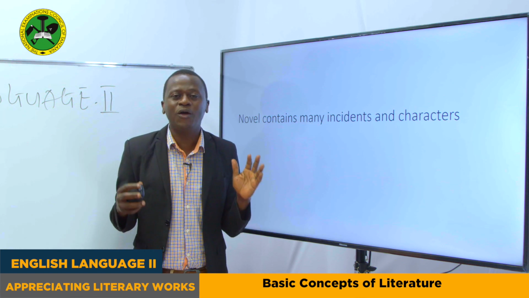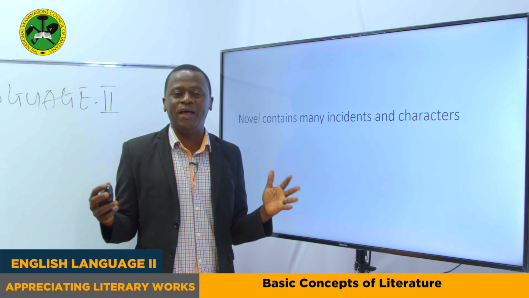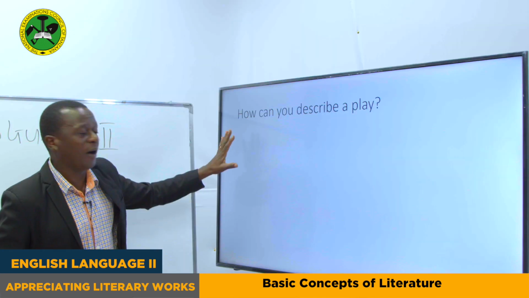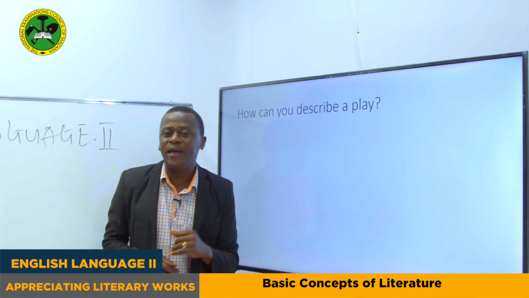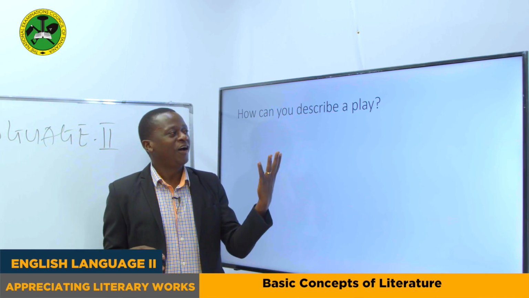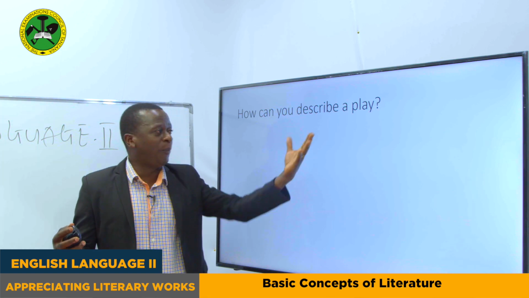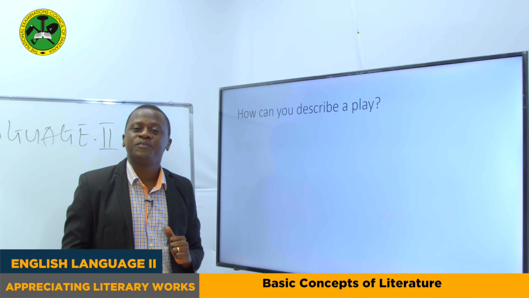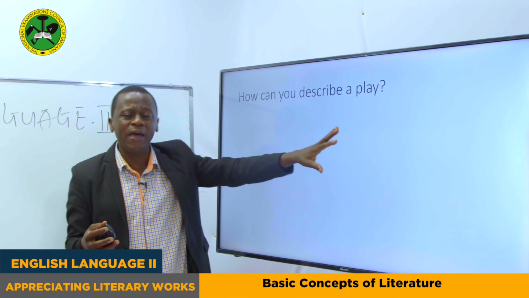Now, students, let us describe a play. How does a play look? Here we come. How can you describe a play? A novel being a work of art, a play is also a work of art. Now, what are the features that describe a play?